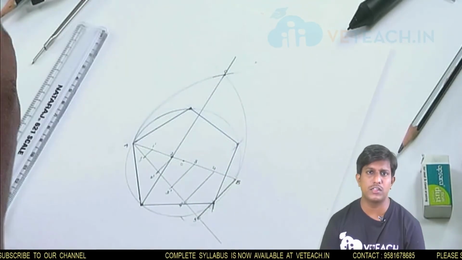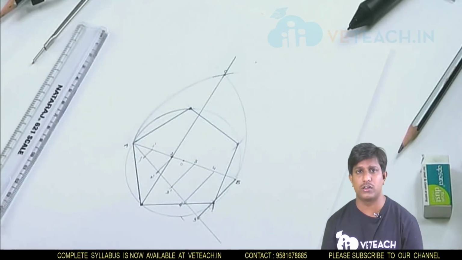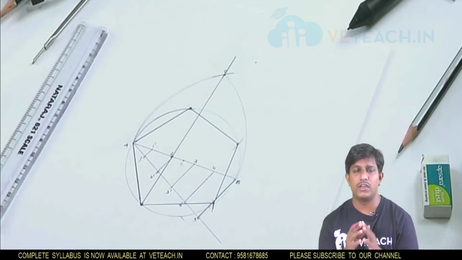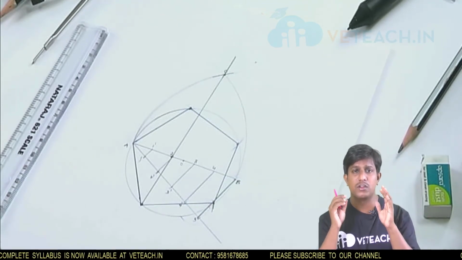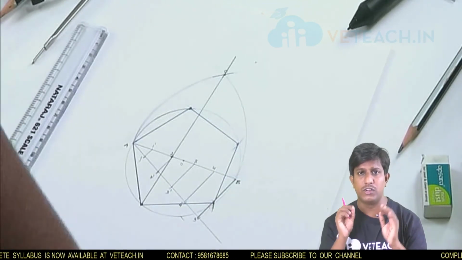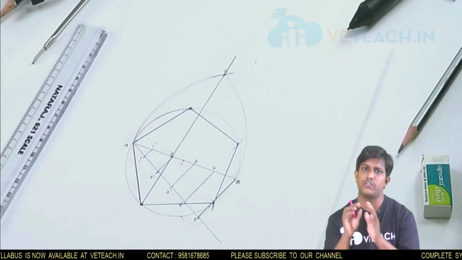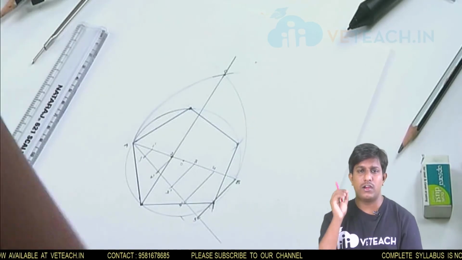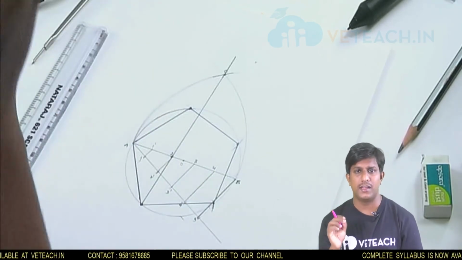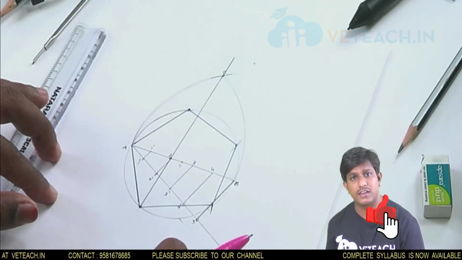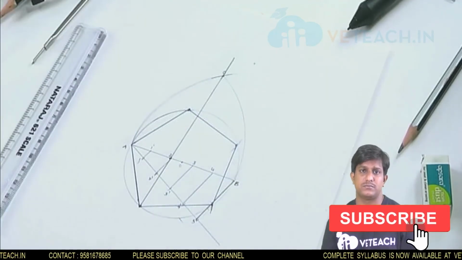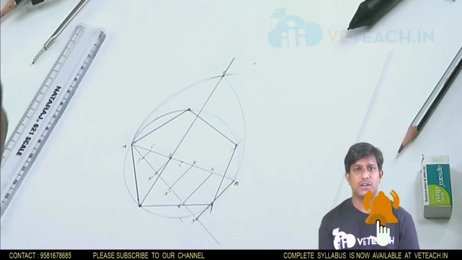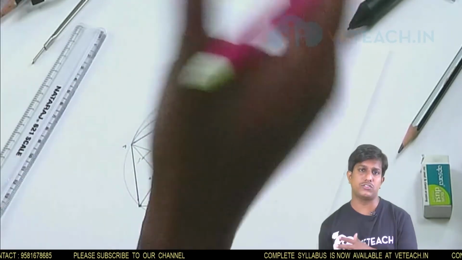Whatever polygon you are inscribing in a circle, first keep in mind what diagram you are going to draw. If a pentagon, 5 sides; hexagon, 6 sides. We have to divide the line into that many parts: pentagon 5, hexagon 6.